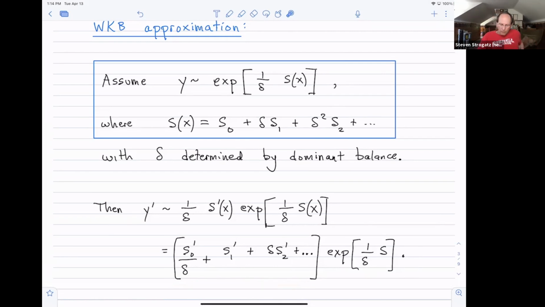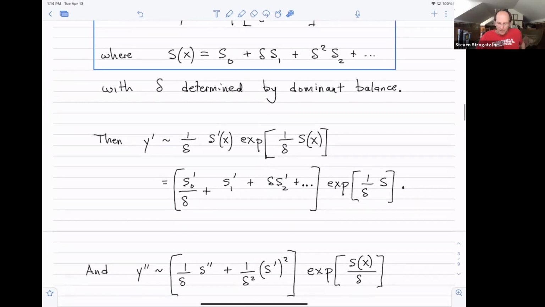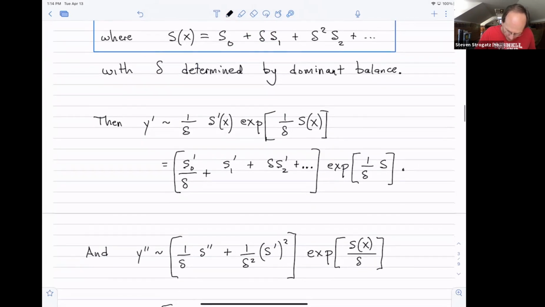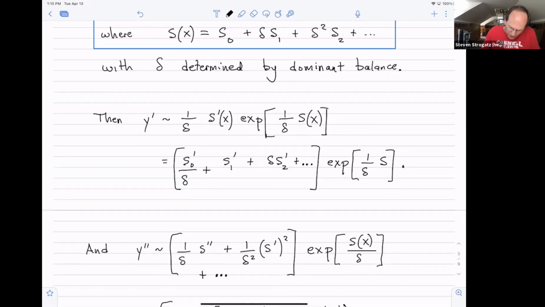All right. So next, y double prime. Well, I have to differentiate the expression above. And I see that I haven't written my dot, dot, dot. Let me add that here. I should say plus dot, dot, dot. No, actually, maybe I'm okay.